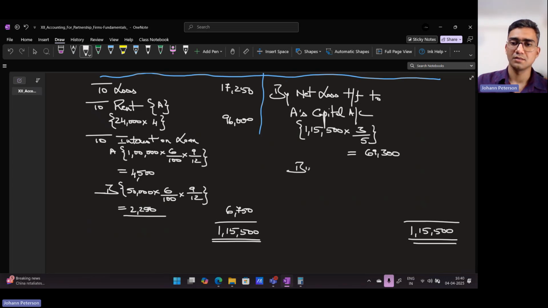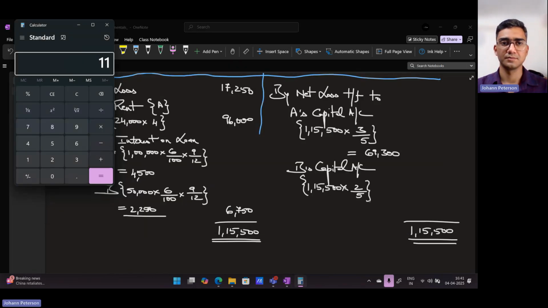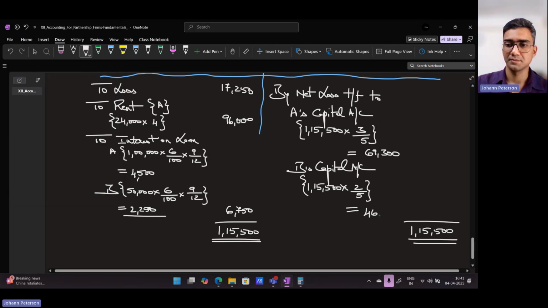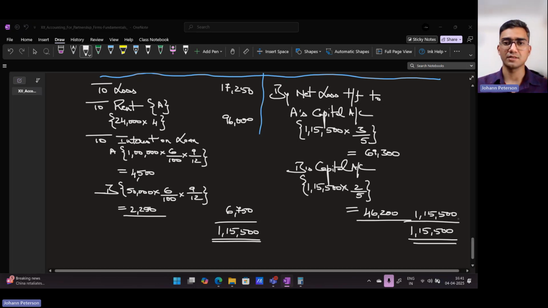And B's capital account, the amount will be 115,500 into 2 upon 5, 46,200. So this should come out as 115,500. So let's see if these are our answers.